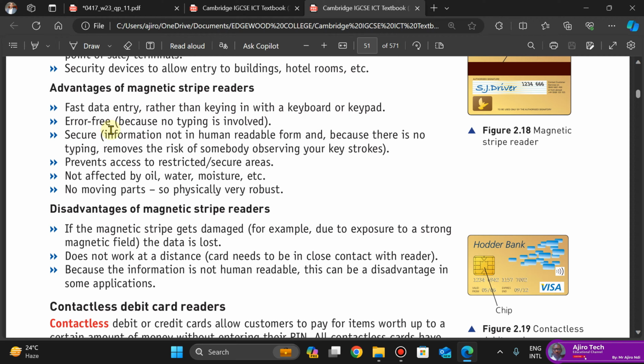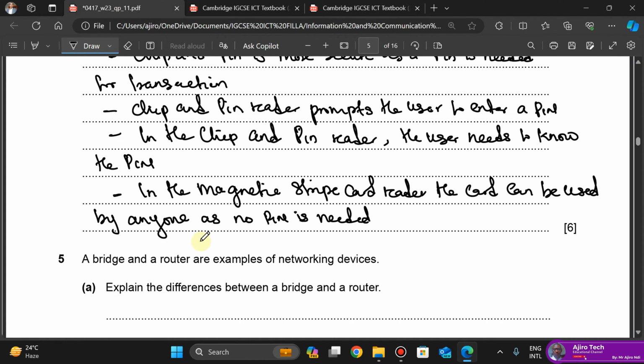So there's less data entry because no typing is involved. You just swipe in. So these points are good. This point here is good. This is also good.